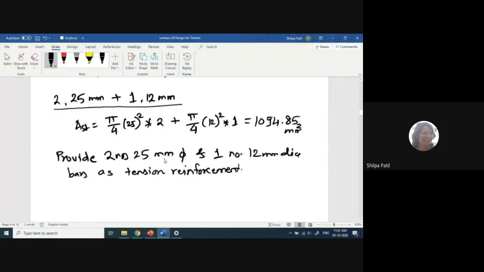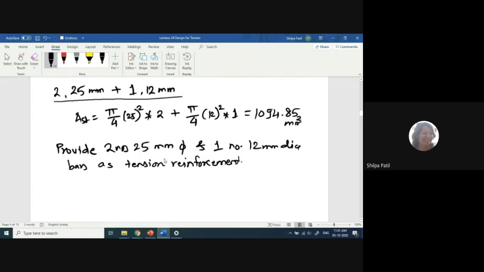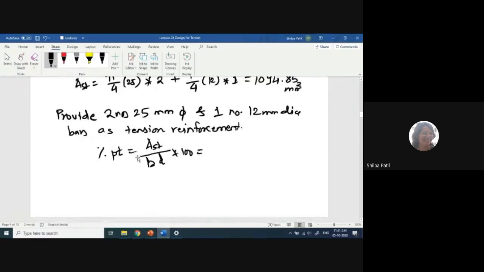Okay, so AST provided is already calculated. Just for your understanding, let us calculate the percentage of steel also for this AST. Okay, so percentage steel will be AST upon B into D into 100. So just find out what is this percentage steel.